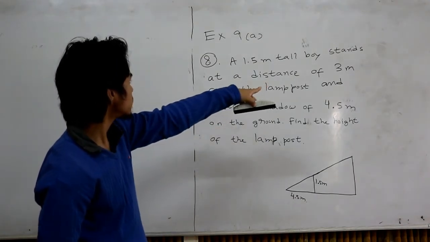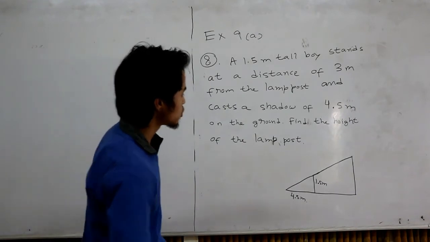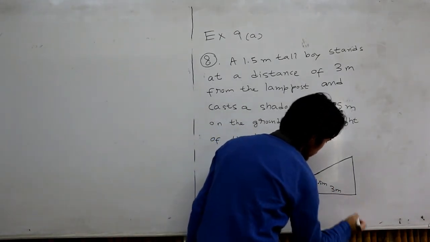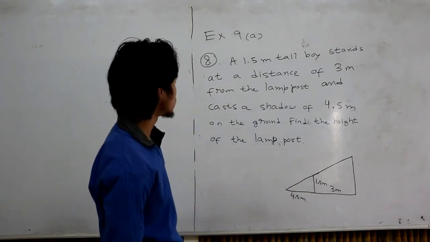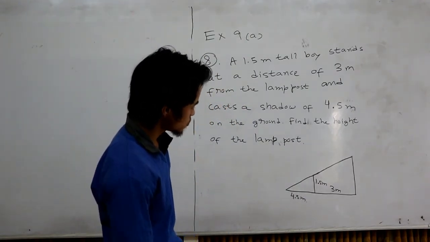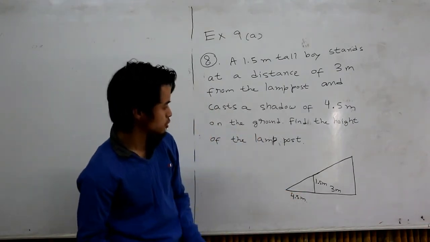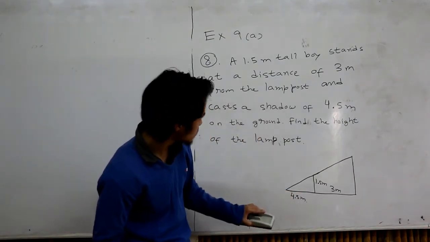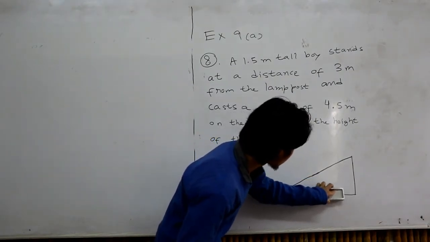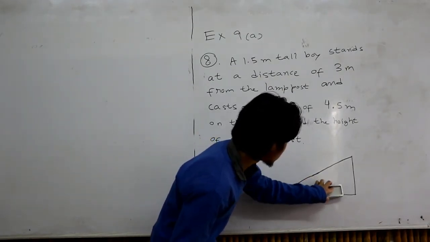And also we have that 3 meter from the lamp post. So this boy is standing at a distance of 3 meter from the lamp post. We see that the distance is not properly drawn, so we'll draw the diagram a little bit in a proper manner.